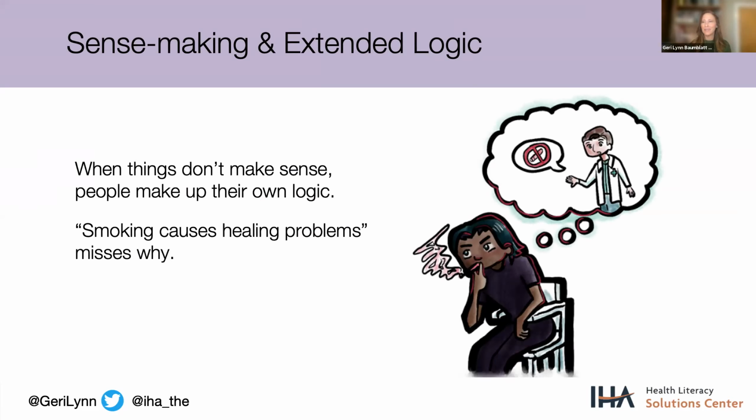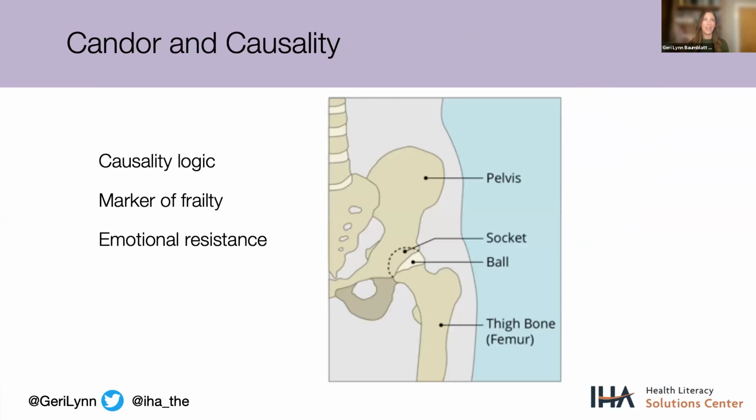And what you learn is, no, that really wasn't quite enough information, because people just think their doctors don't want them to smoke. But if you start to explain, well, your bones actually need blood to heal, and smoking affects blood flow, so that's why your doctor wants you to do that, that can kind of help it click for them. But often we think we've given people logic when we haven't quite given them what they really need.